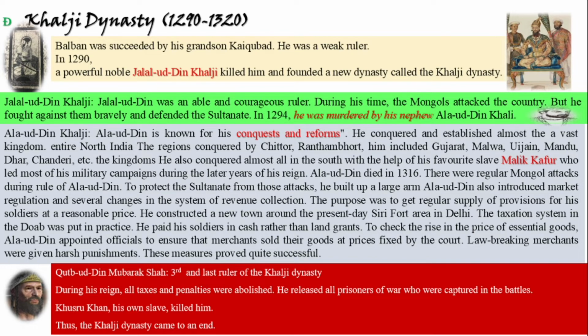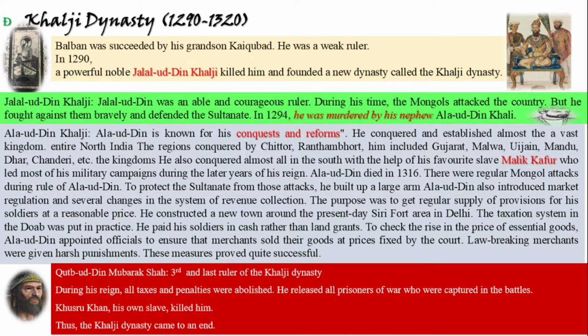The founder was a very courageous ruler. During his time, the Mongols attacked the country, but he fought against them very bravely and defended the Sultanate. And in 1294, he was murdered.